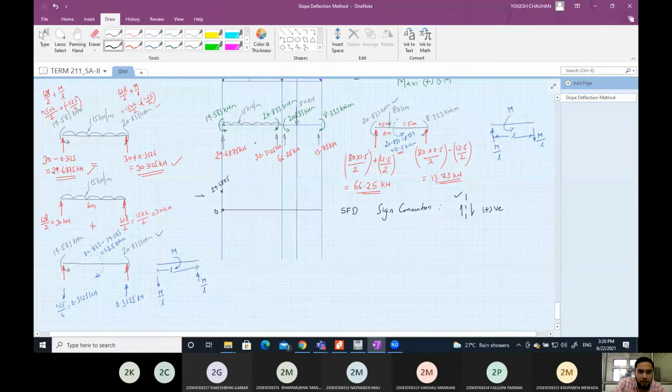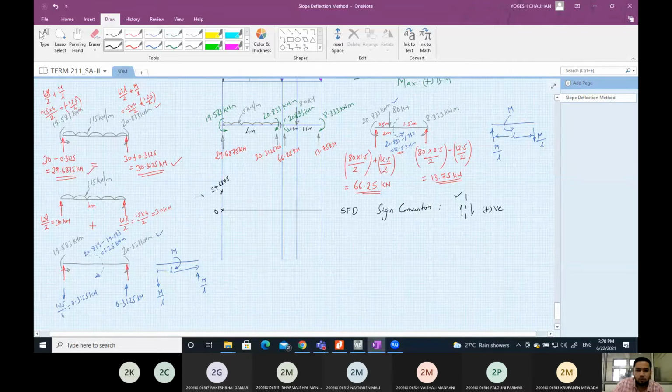Now as you move, this UDL will be there. So at this point, let us say your section is on this side, so the total shear force will be 29.6875 minus this 15 into this 4 meter length. This is 4 meter, this is 0.5, and this is 1.5.